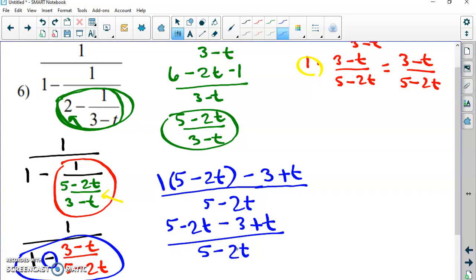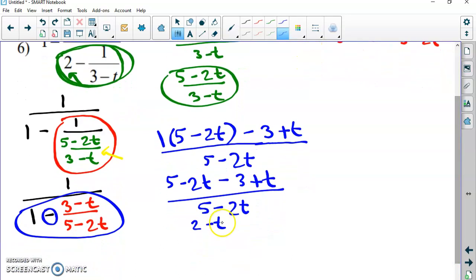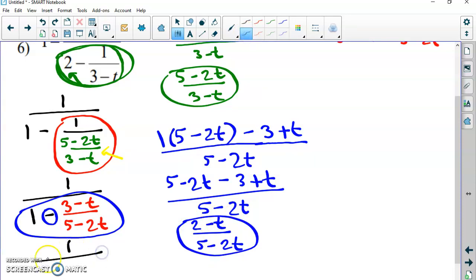Combining like terms, we get 2 minus t over 5 minus 2t. This is what the blue simplifies to. So now we have 1 over that blue fraction, 2 minus t over 5 minus 2t.